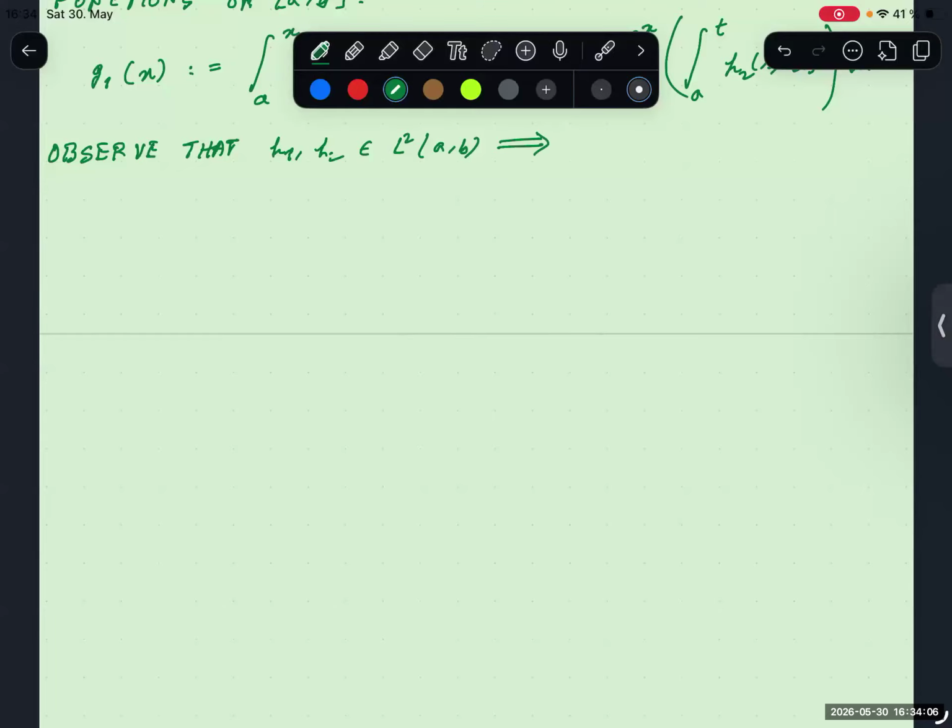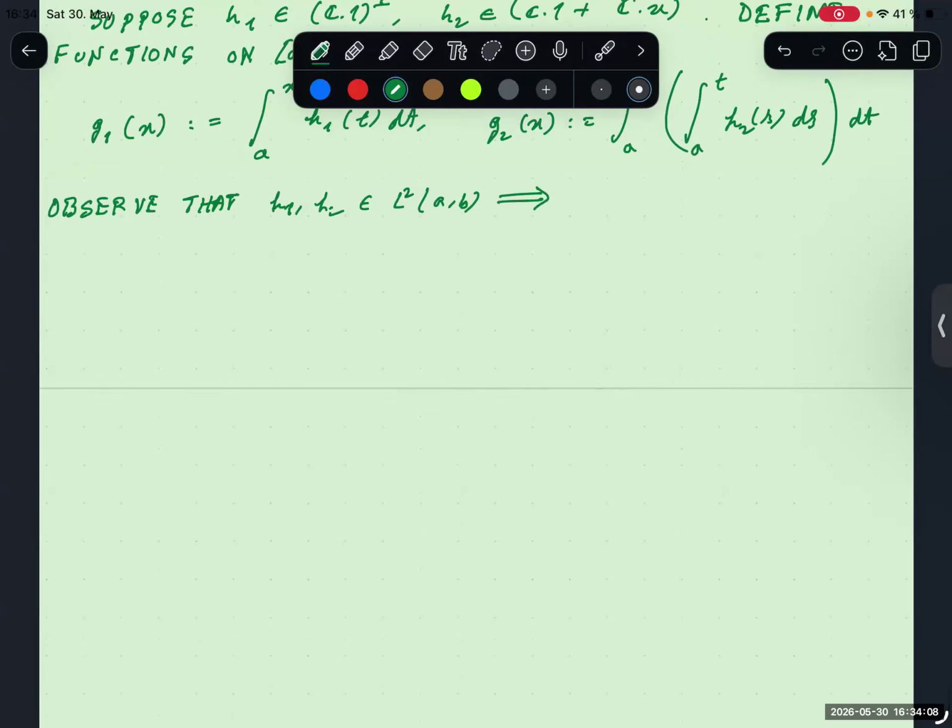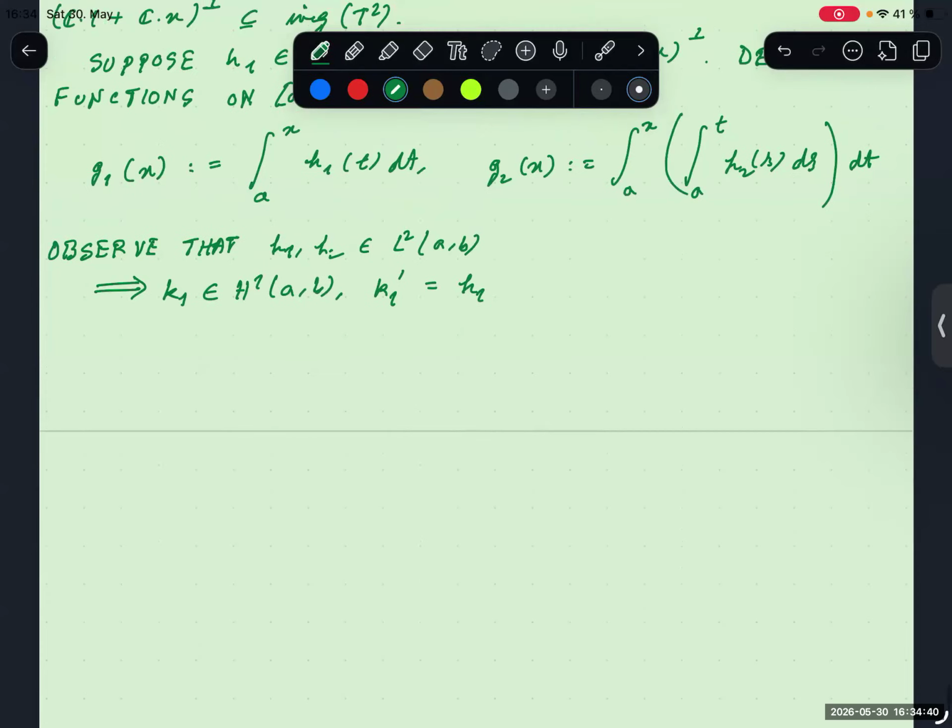And from there, we can simply conclude that g1 is in H1 of AB with g1 prime equal to h1, by the fundamental theorem of calculus.